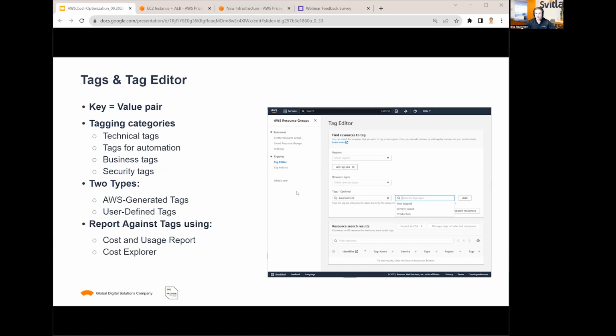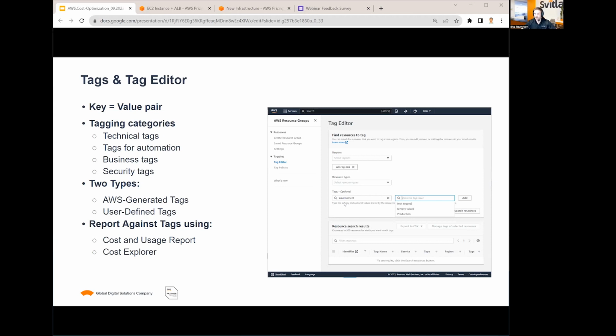Tagging. I mentioned that using cost allocation tagging is one of the principles of cost optimization. A tag is quite a simple thing. It's just a key-value pair. Tags could be of different types. For example, technical tags like name or application, which identify a particular resource. Maybe environment, one of the classical tags, say dev, UAT, stage, and prod. It could be tags for automation, for example, the date and time when a resource was created, or particular related resources.